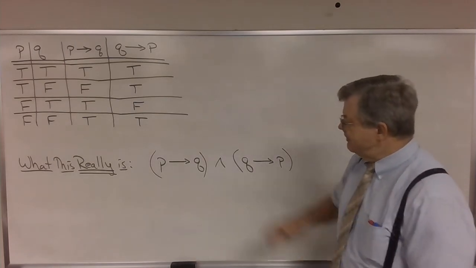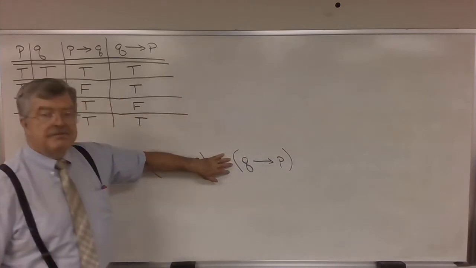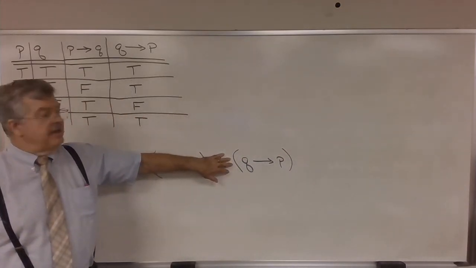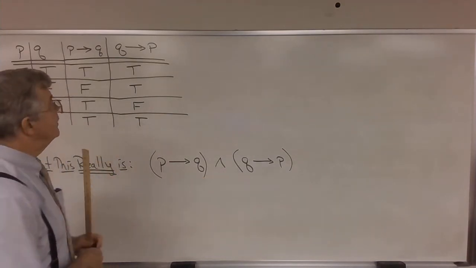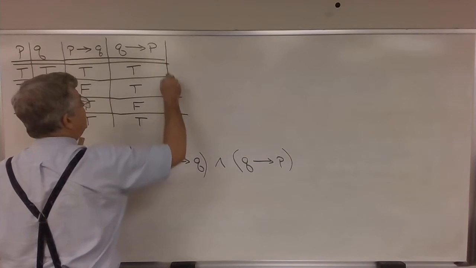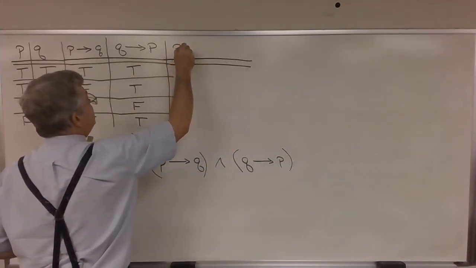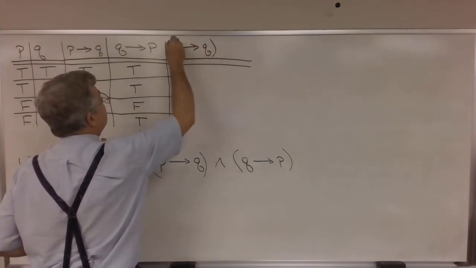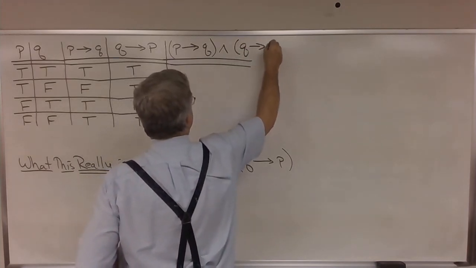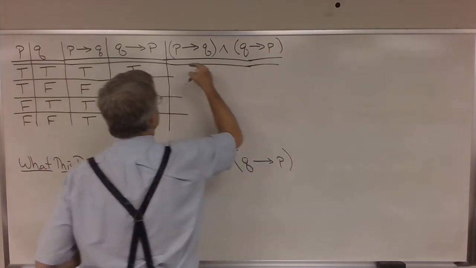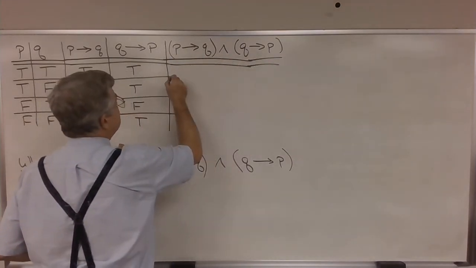Okay, so I have the truth values for this thing, and I have the truth values for this thing. I think all I have to do now is just put them together with an and. So this will be my last column. P implies Q, and Q implies P. If P then Q, and if Q then P. Beautiful.